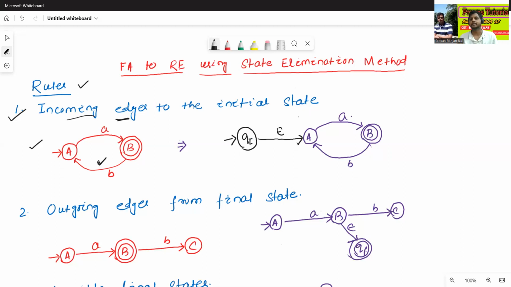This is the simple thing, nothing more. So this is the first rule: incoming edges to the initial state.